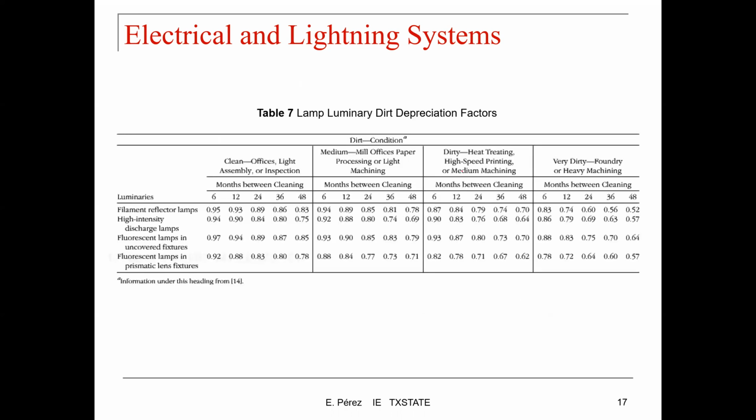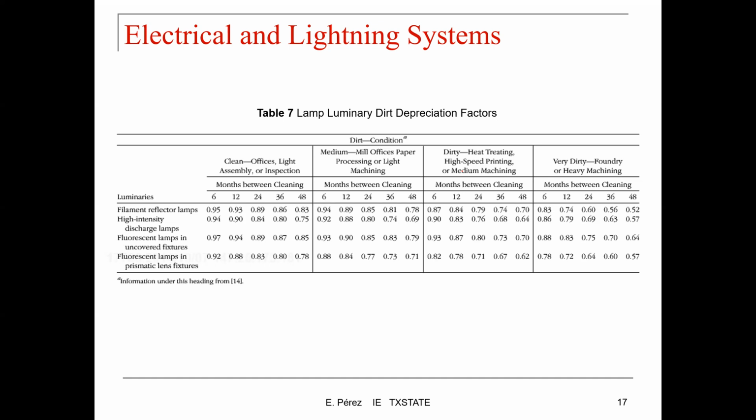Table 7 has the luminaire dirt depreciation factors. So we have at the top the dirt or the condition, so it depends on the type of environment. For example, in the first type of environment, we have clean office, light assembly or inspection, and we have the months between cleanings.